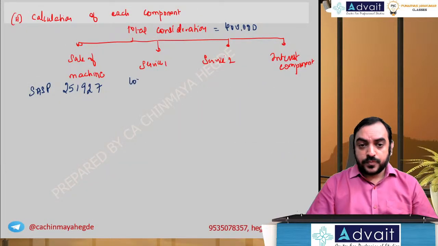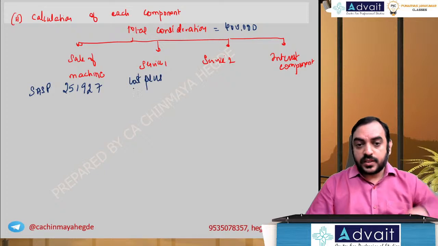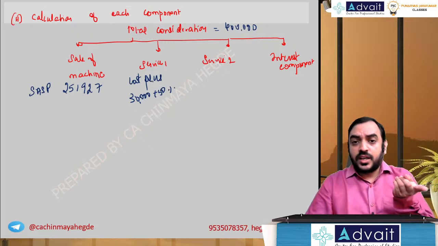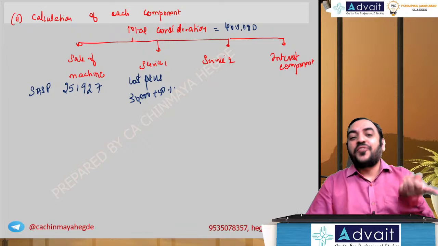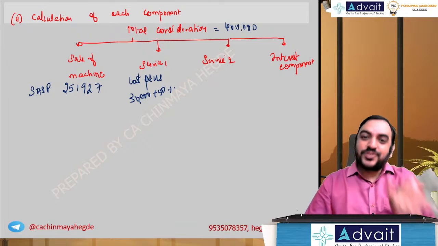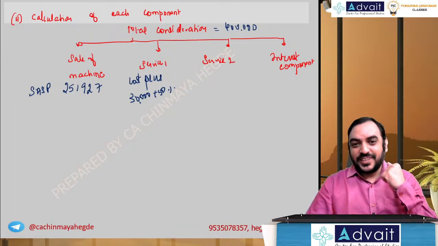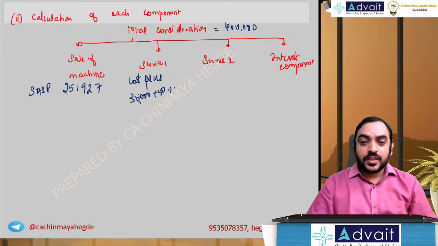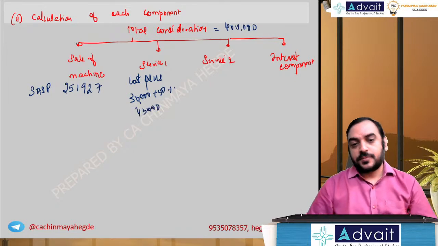I have not done cost plus for the machine because I know the cost, but I don't know the profit value for the machine. But the sale price, the cash price, I know directly. So for the machine I took the standalone selling price directly. So this is cost plus: 30,000 plus 50%, that is 15,000. So 30 plus 15 you get 45,000.